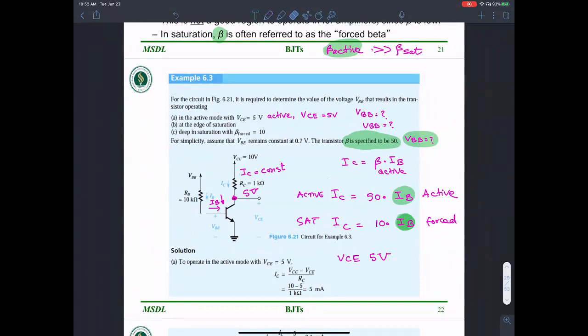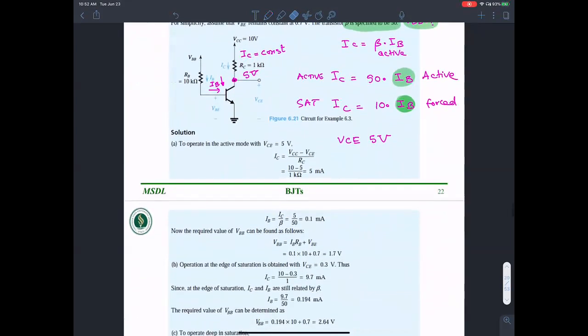Now we should be able to calculate IB based on the value of IC. IC is 5 over 50, since beta is 50. It should give me a value of IB of 0.1 milliamperes.